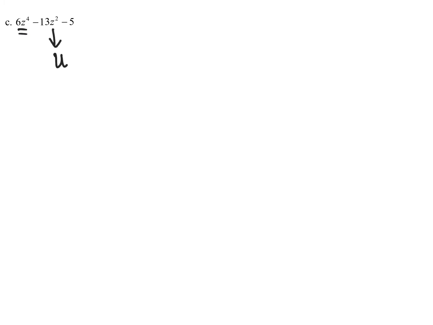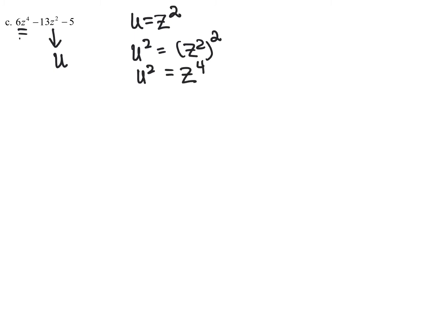Let this one be called U. So if I let U equal z squared, if I then square both sides, then U squared equals z to the fourth, which means this z to the fourth I can now call U squared. So I have 6U squared minus 13U minus 5.